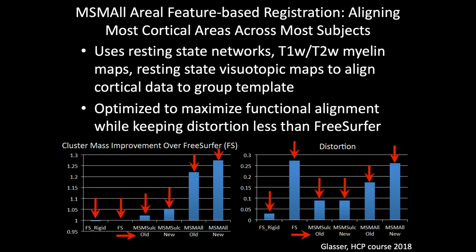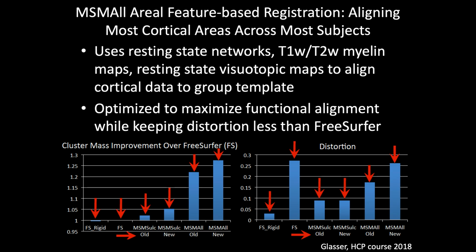After running ICA and identifying the noise, the next step is to align your data across all the data that you've acquired in a more refined way. There's an algorithm, MSM-All, which is this areal feature-based registration that will use all of the data that you've collected for your participant.